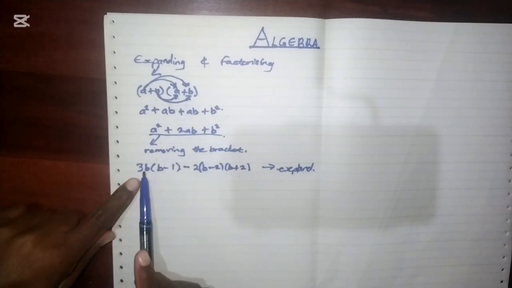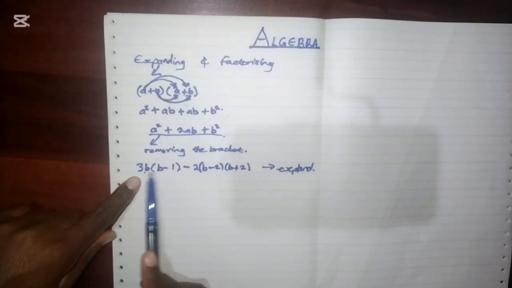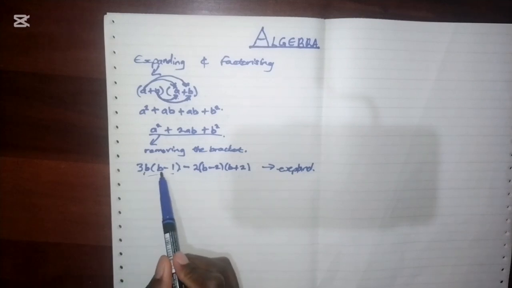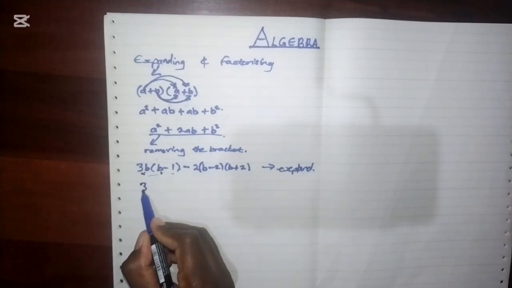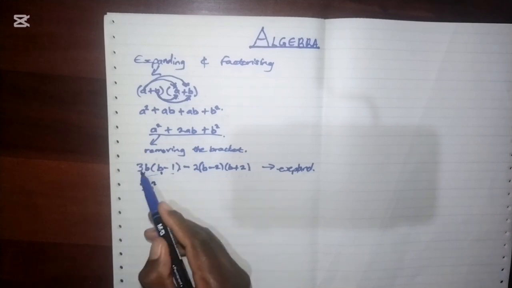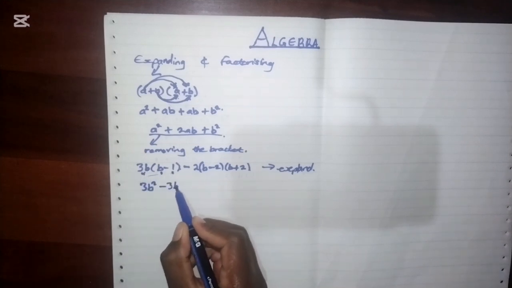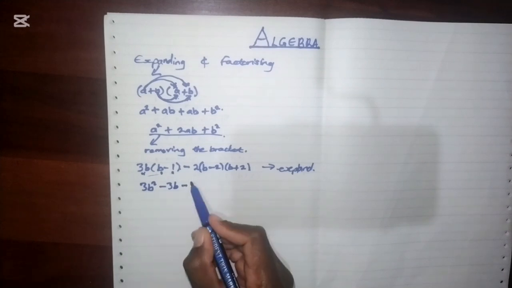First we remove the brackets by multiplying. So 3b times b, we get 3b squared, and 3b times negative 1, we get negative 3b, minus.